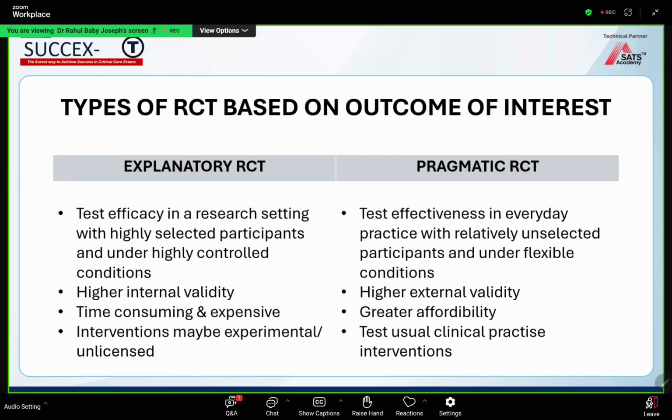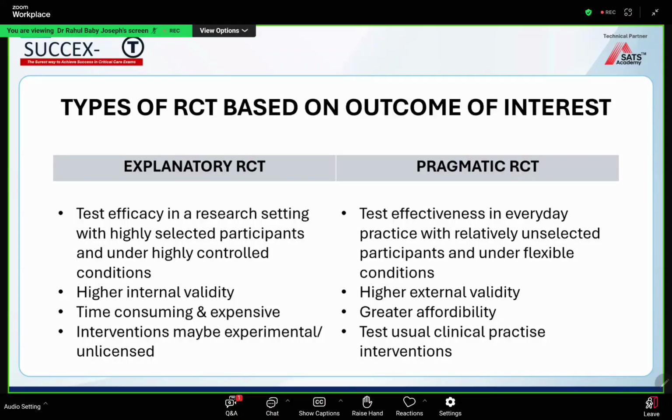So based on the outcome of interest, RCTs can be divided into explanatory RCTs or pragmatic RCTs. Explanatory RCTs test basically the efficacy in the research setting, with highly selected participants under highly controlled conditions. This has higher internal validity, but it is more time consuming and expensive.